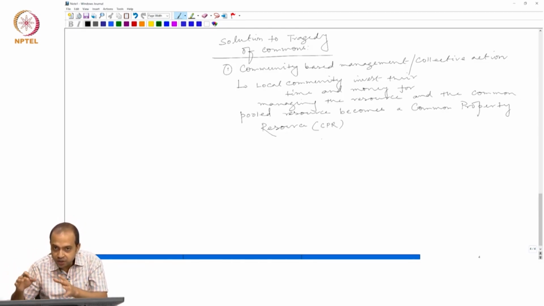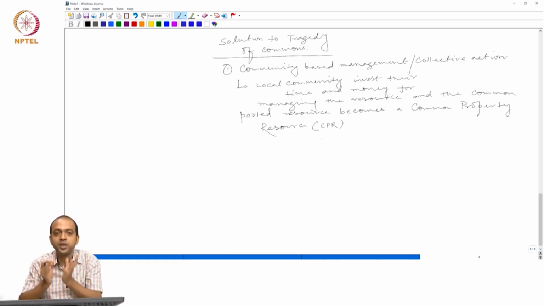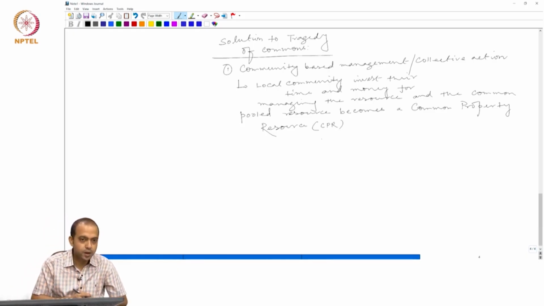So, the moment it is managed by the local community, then the common pooled resource now becomes common property resource. So, community based management is basically an example of collective action. Local community collectively manage this resource.